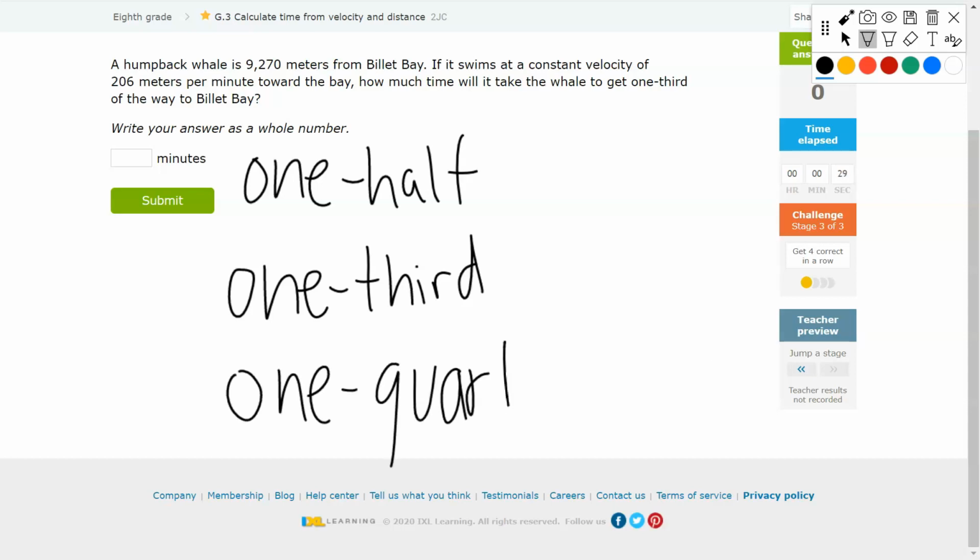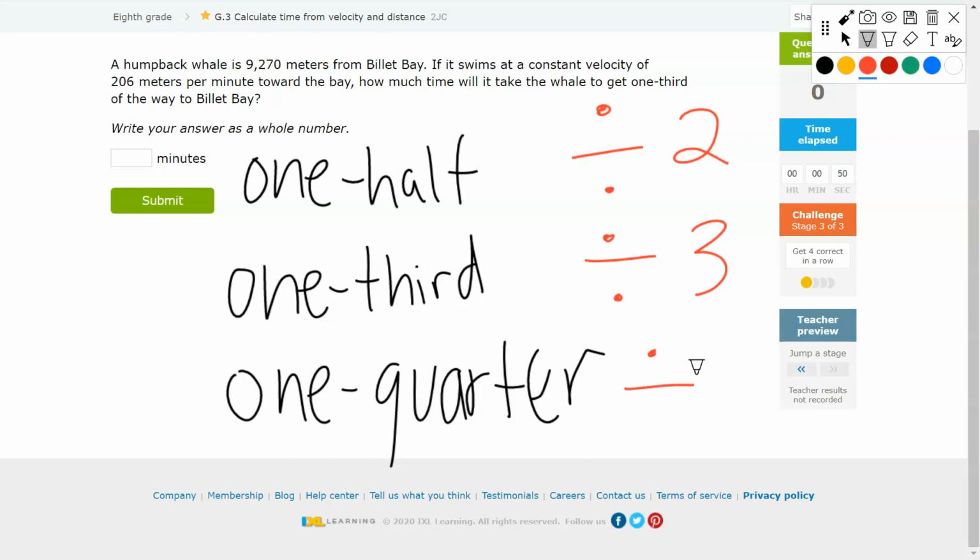Whenever it says 1/2, you are dividing either the distance or the speed by 2. Whenever you see 1/3, you are dividing the distance or speed by 3. And whenever you see 1/4, it's telling you that you have to divide the distance or the speed by 4 first before you actually do the calculation into the formula.